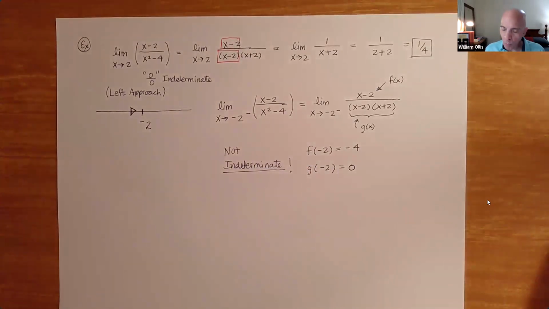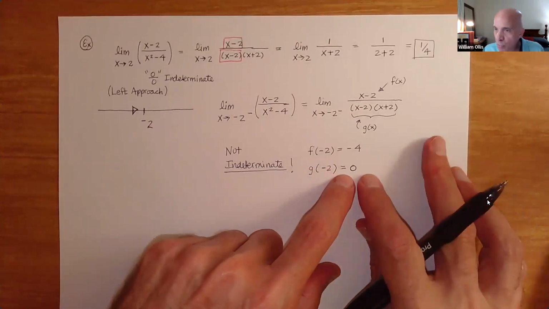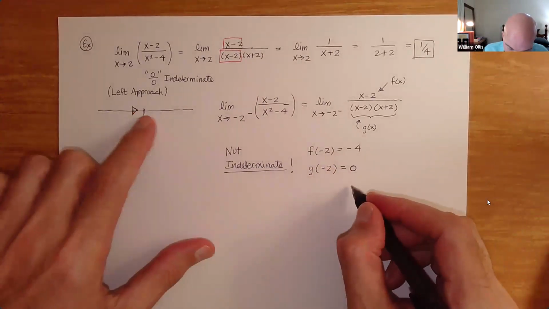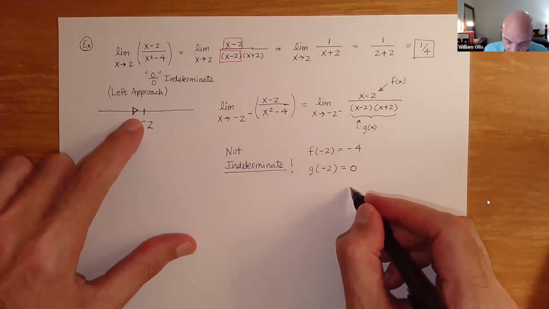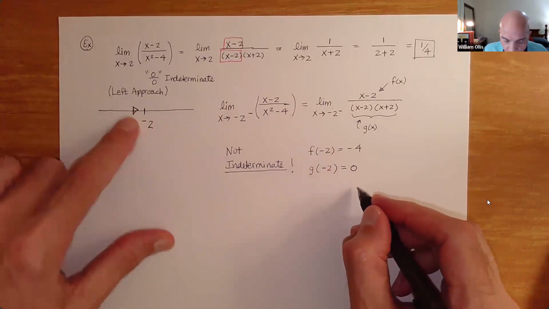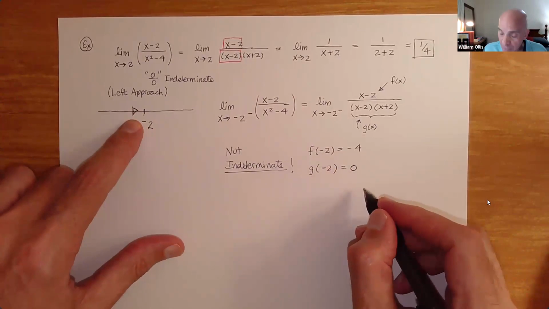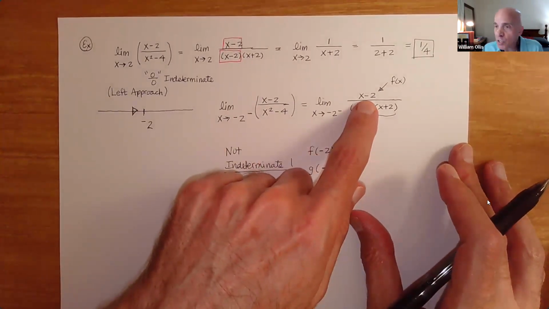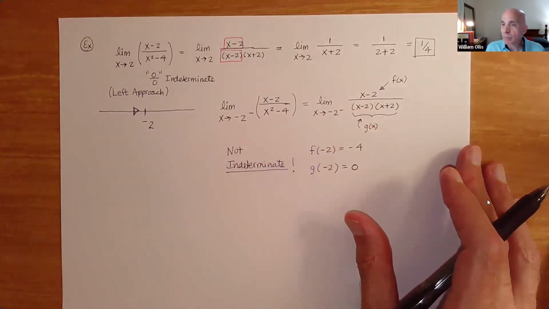And so what we're seeing is that this 0 here, at least by continuity, can be approached from either side. And if we think again of the -2 here, and I've just got the left approach, we can approach -2 from the left, and it would never be the case that the function f would be 0.